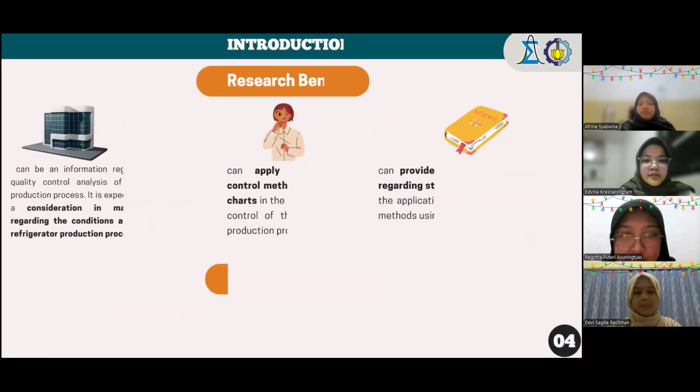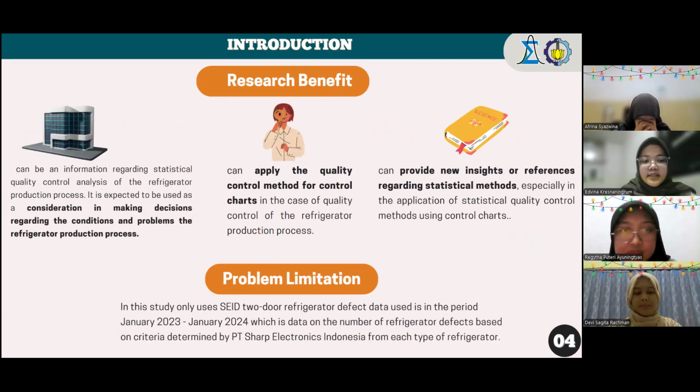Next. So the benefits to be achieved in this research are as follows. First, for the company, the result of the study can be information regarding statistical quality control analysis of the refrigerator production process. It is expected to be used as a consideration in making decisions regarding the condition and problems of the refrigerator production process.